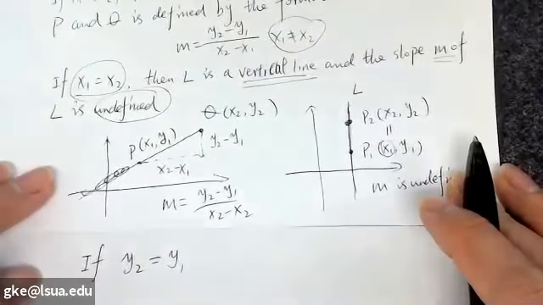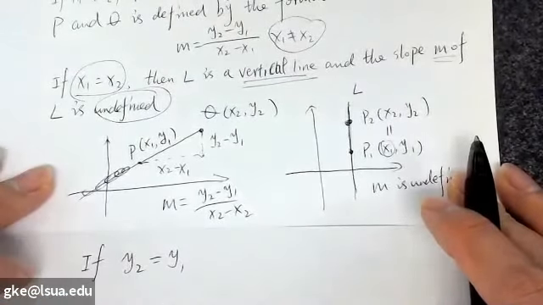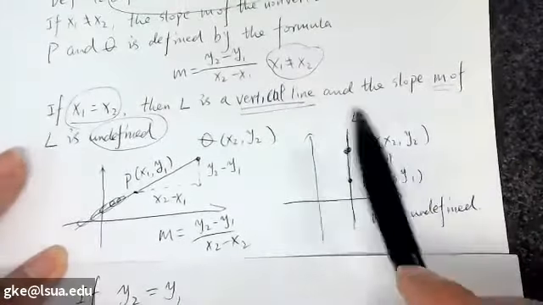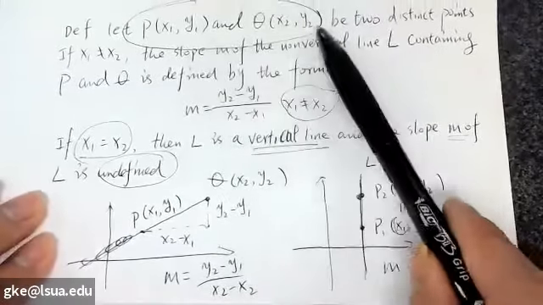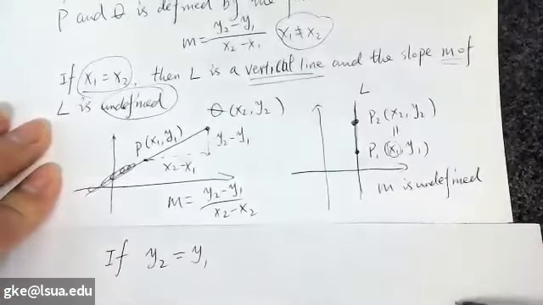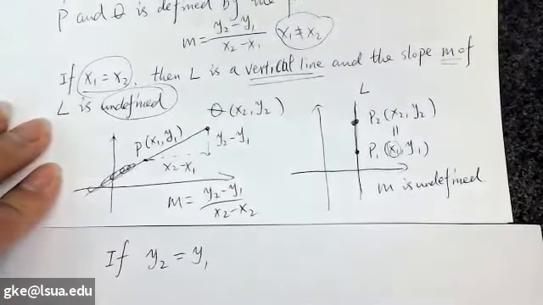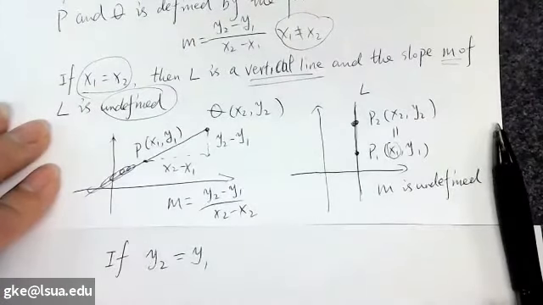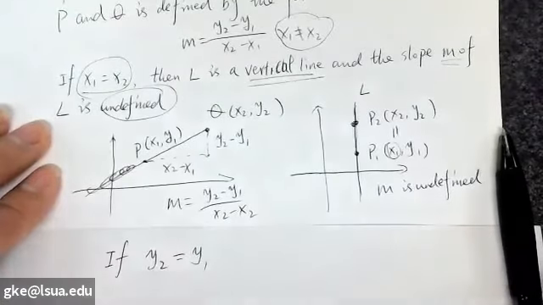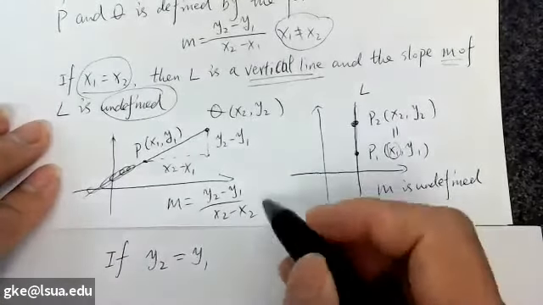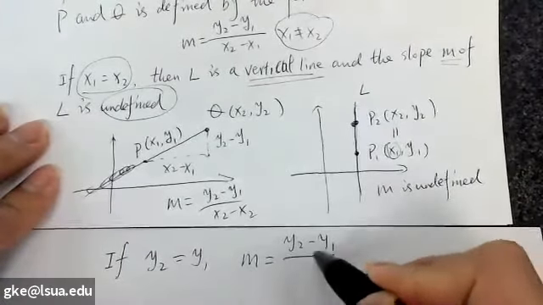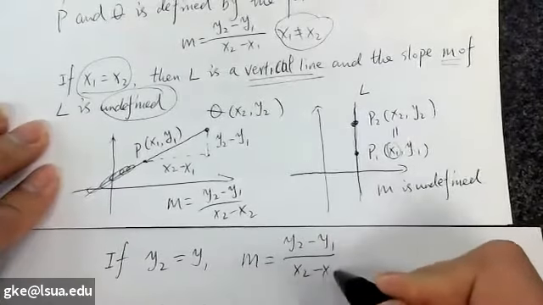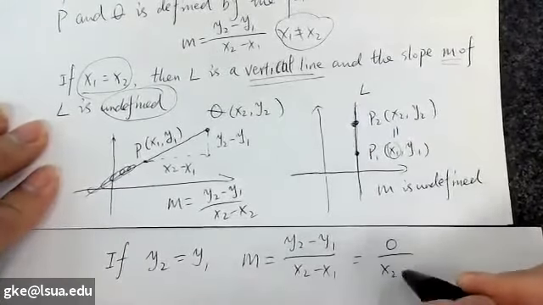Do you have any idea what the slope is for this one? If I gave you these two points, P and Q, and y1 equals y2, what is the slope? Who can tell me? Good job, that's it. Just plug into the formula. It should be 0, right?